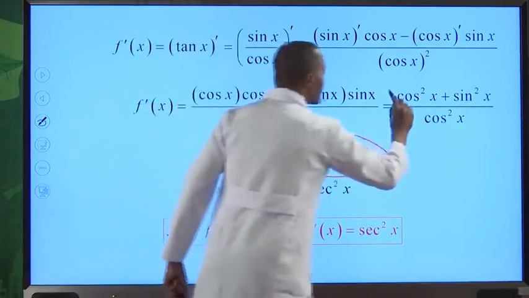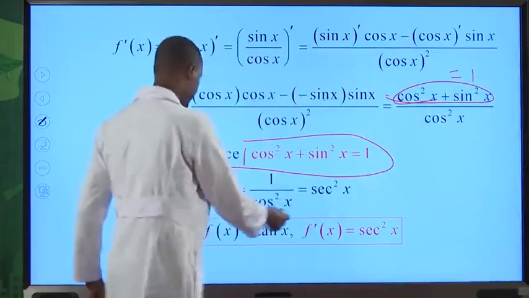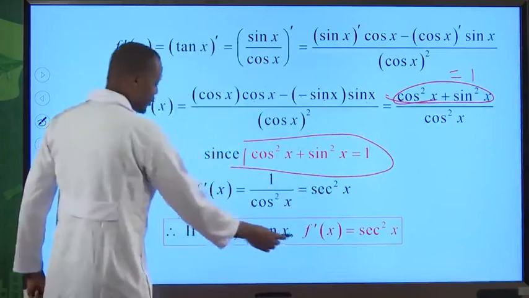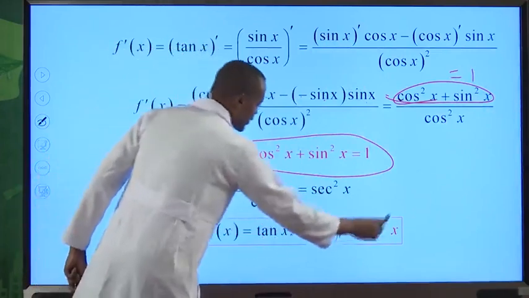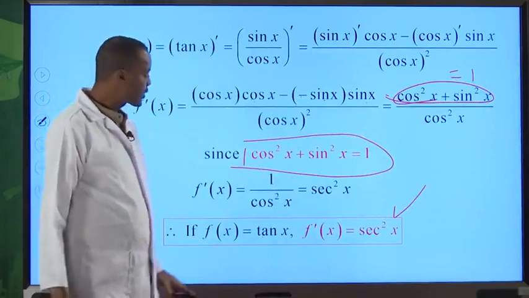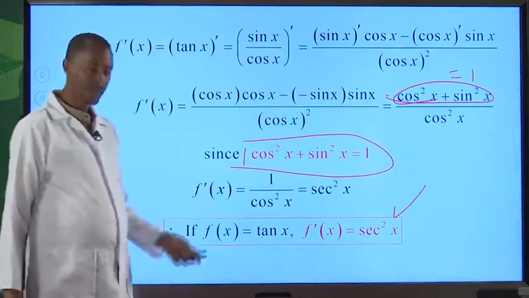So this is equal to 1 over cos square x, that is called sec square x. So the derivative of tan x is sec square x, and that is the way we apply the quotient rule of derivative in order to solve the problem of tangent of x.